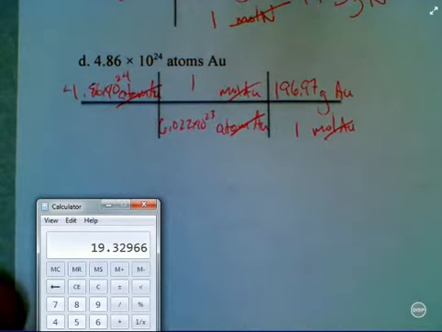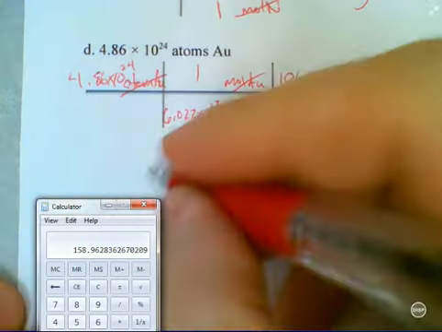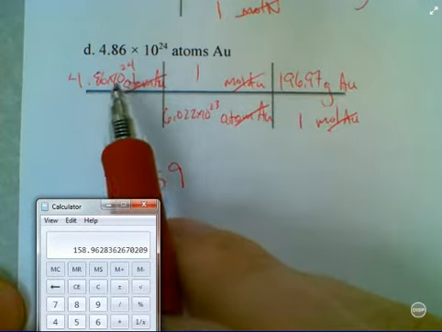Now all that's left to do is use my calculator. 4.86 times 1 times 196.97, and we're going to divide that by 6.022. Looks like 3 significant figures, so we'll go with 159.